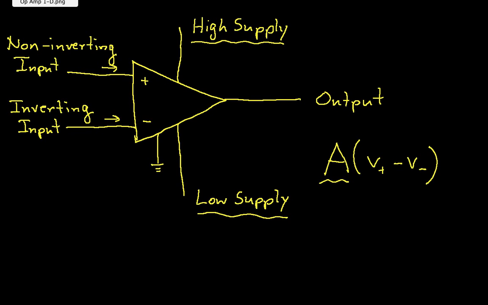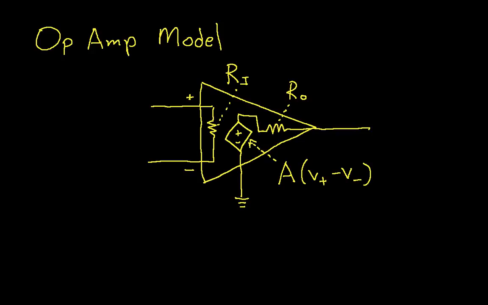A more detailed model of an op-amp is the following. The plus sign, this guy here is the non-inverting input. This is the inverting input. They're connected together by a resistor, and the resistor is called the input resistance. Again, typically this input resistance is pretty big.